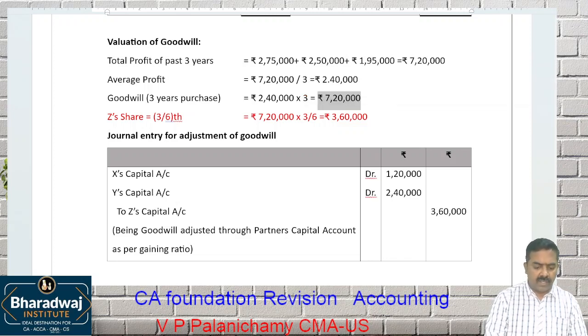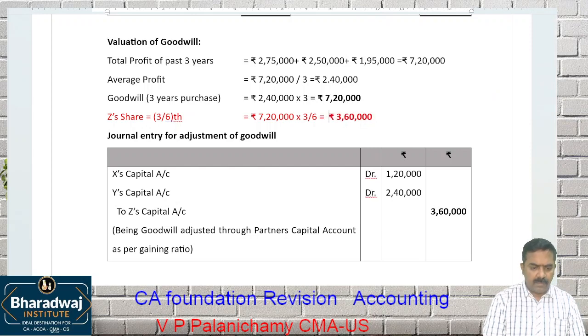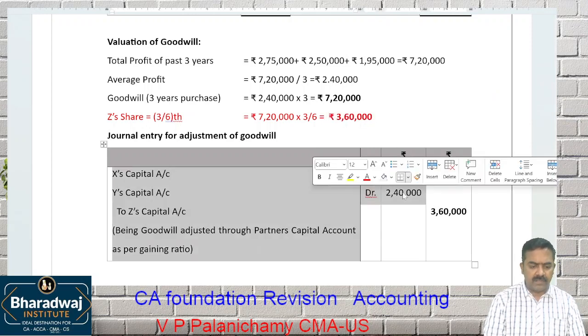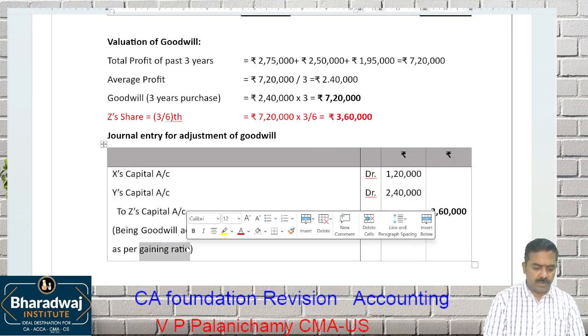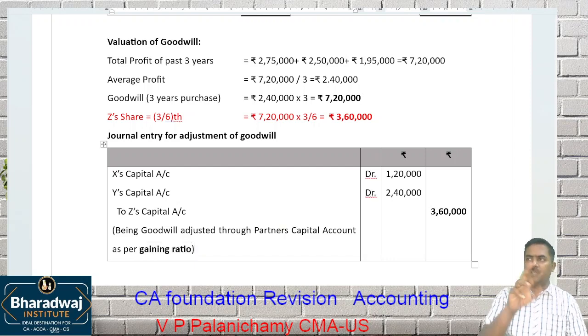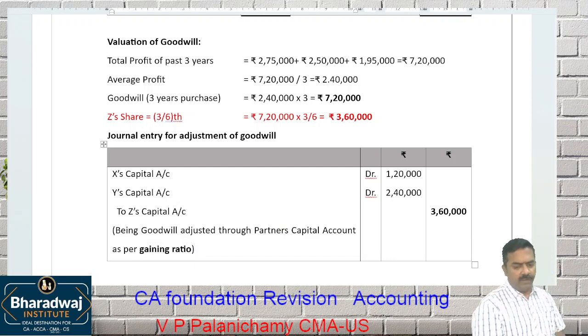Total goodwill 7 lakh 20. Out of that, what is Z's share? 3 lakh 60. Adjusting only that is enough. This will be adjusted to the remaining partners in which ratio? Gaining ratio. Gaining ratio is nothing but the new ratio minus old ratio. You'll get the same 2:1.